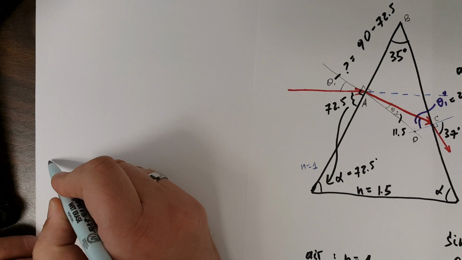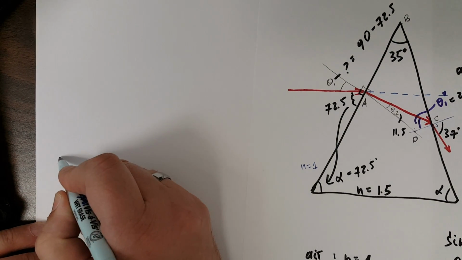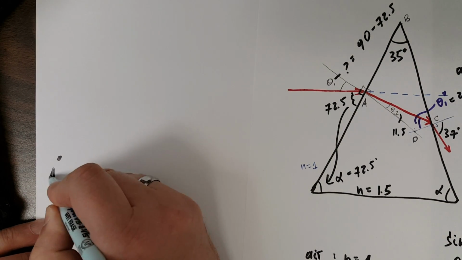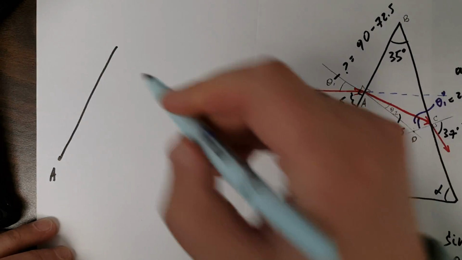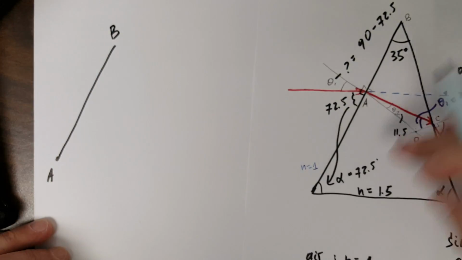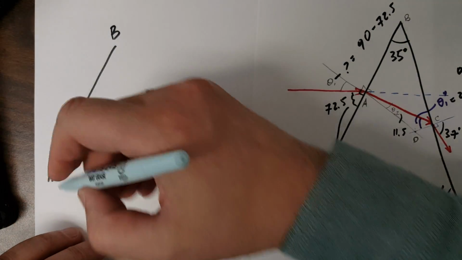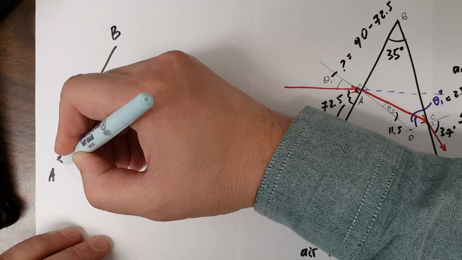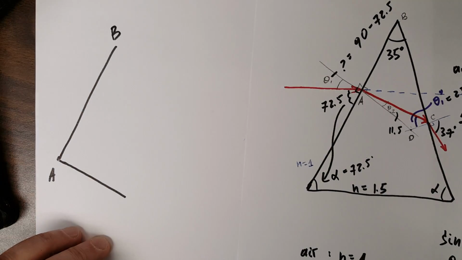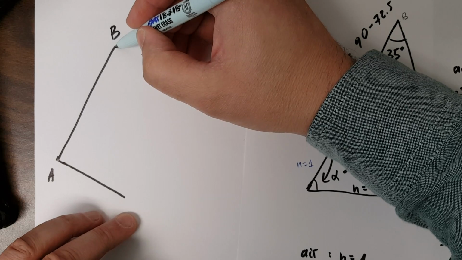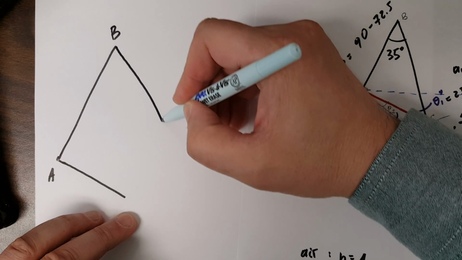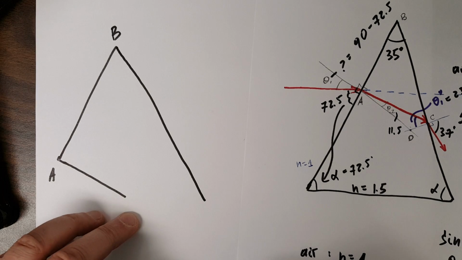So let's start from a point A again. We have this side up to the point B. Then this normal goes like this, and we have another side which goes like this.